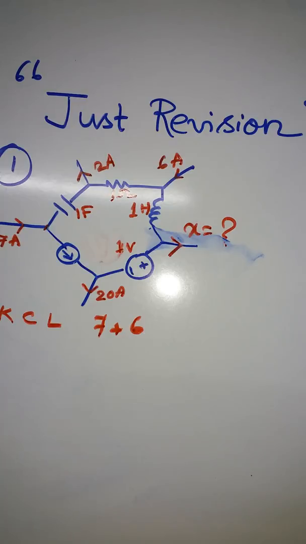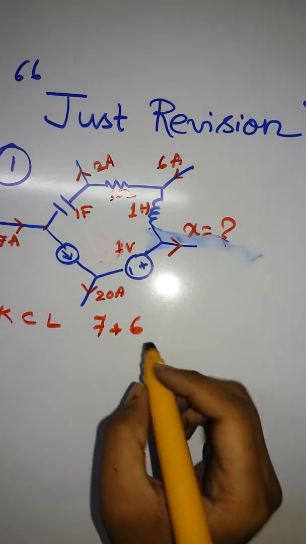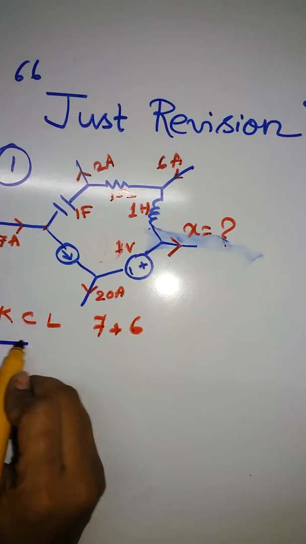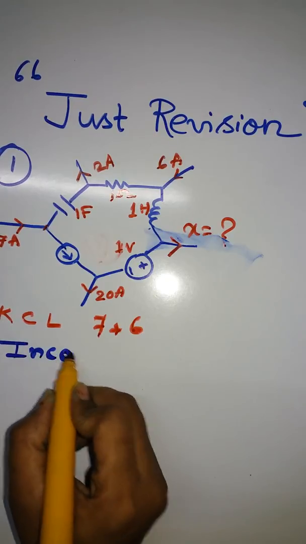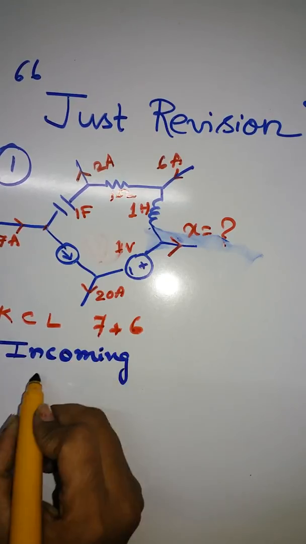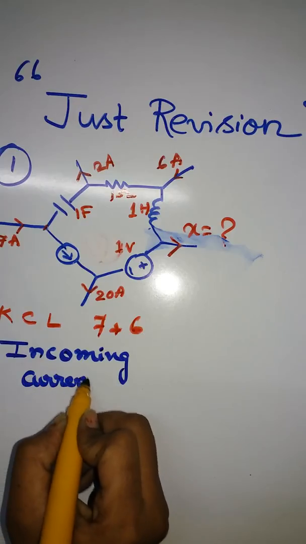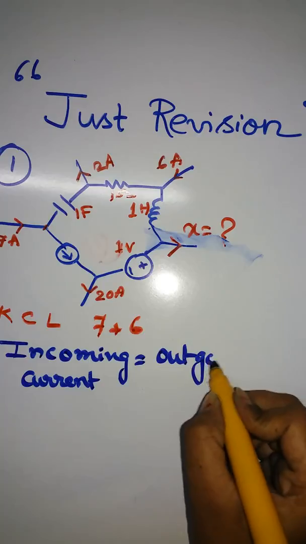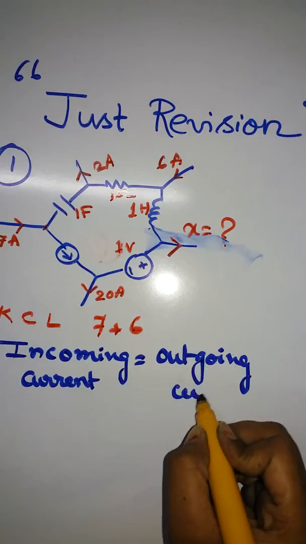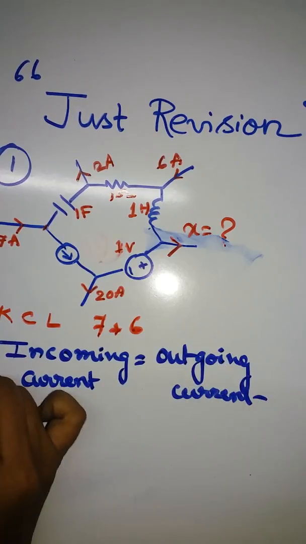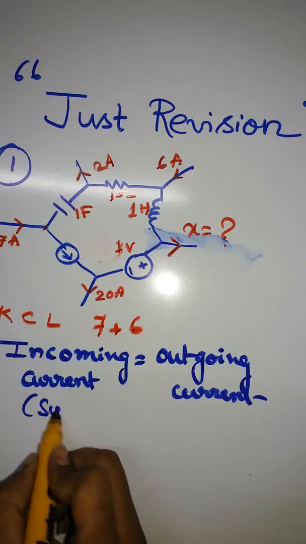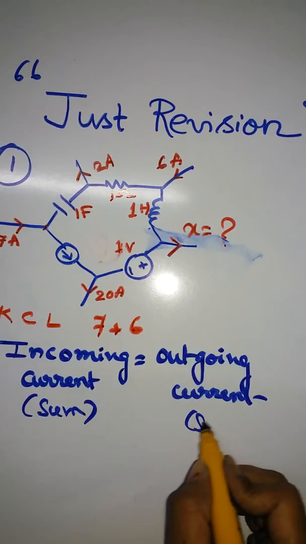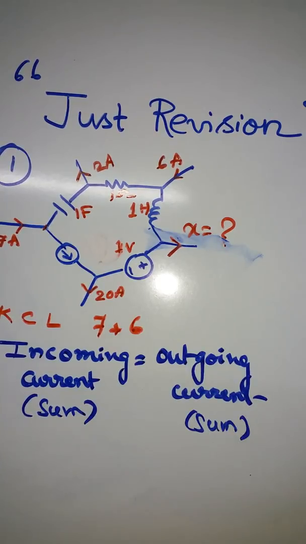So as we said, the sum of incoming current is equal to the sum of outgoing currents.